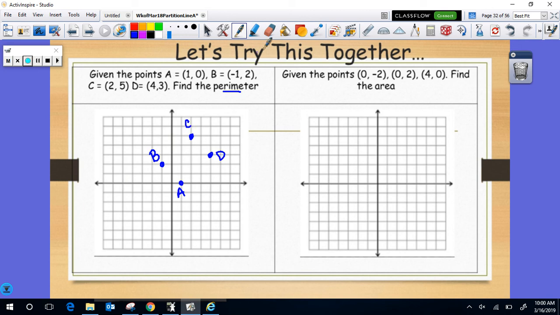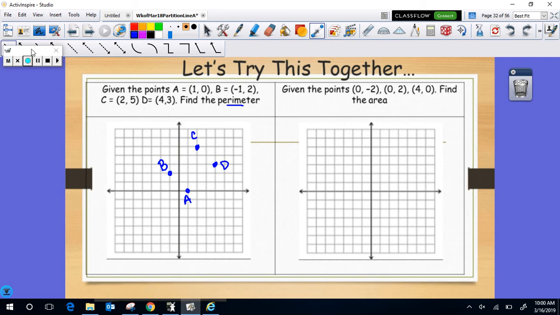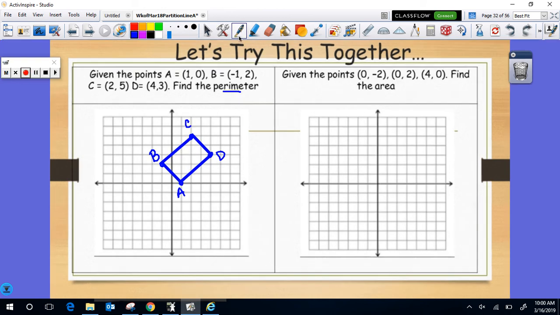And then here we want to find a perimeter. Perimeter means to add up all the sides. So I'm just going to go ahead and connect these dots here. Alright, so in order for me to find a perimeter, I need to add this side, this side, this side, plus this side.